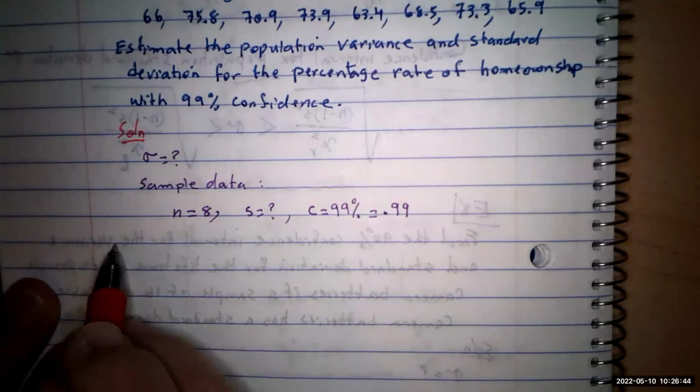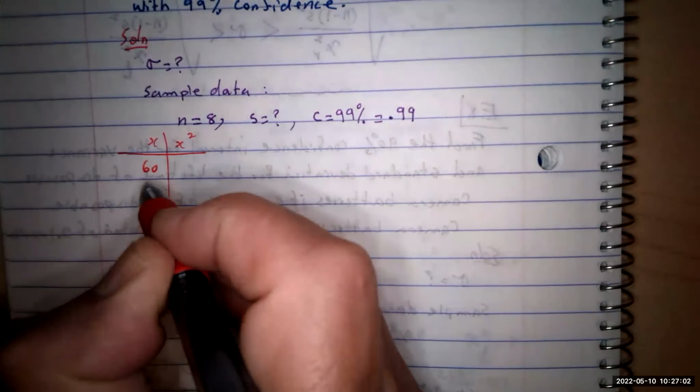If you want to do it, this is the way: you list the numbers, x and x squared, then you add them. Even the ordinary calculators give you the standard deviation.